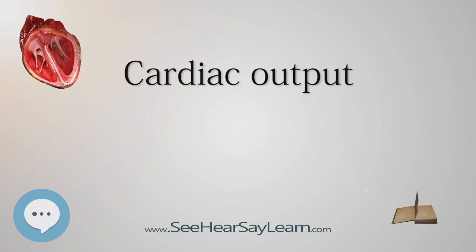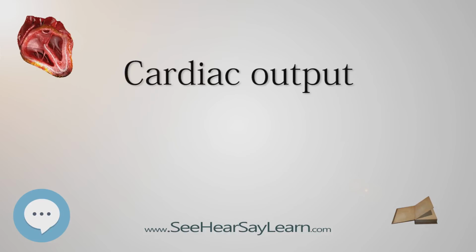Definition: the function of the heart is to drive blood through the circulatory system in a cycle that delivers oxygen, nutrients, and chemicals to the body's cells and removes cellular waste.